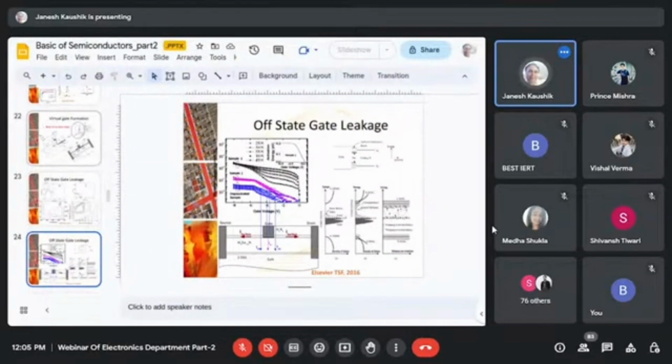So there are cases when the gate leakage is much higher, it can be much lower, or it can be intermediate, that you can see here. And if you see here, in unpassivated samples, meaning there is no silicon nitride layer at the top AlGaN surface, that leakage is very small, completely negligible.